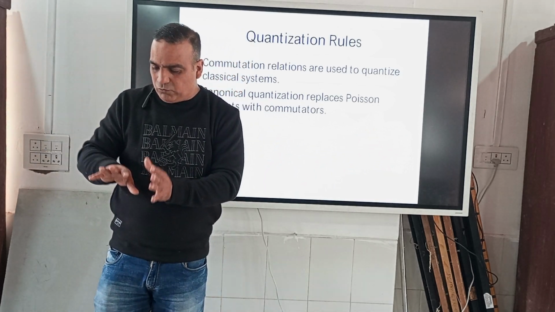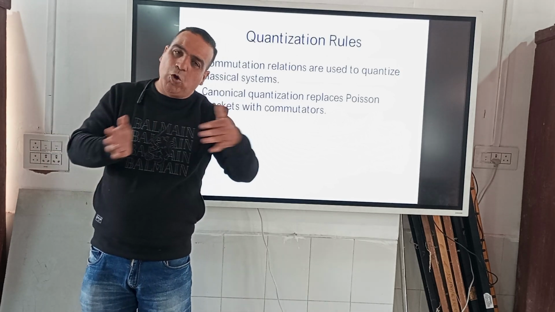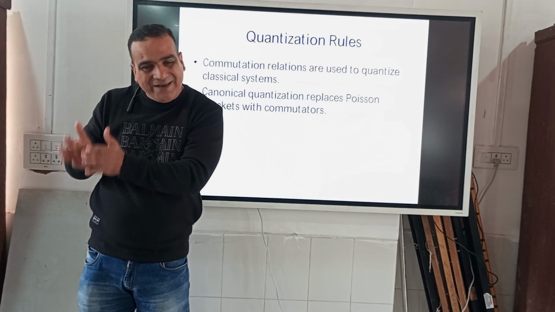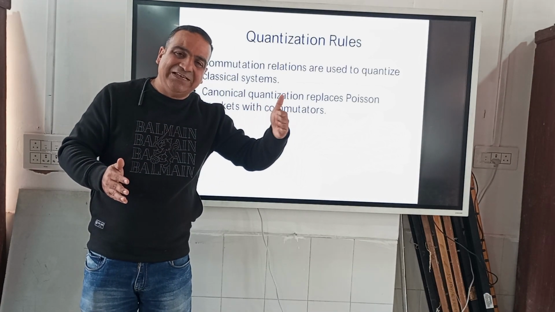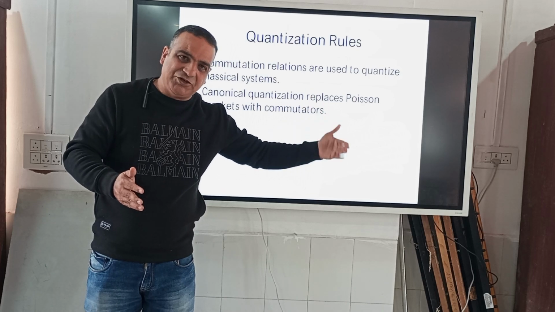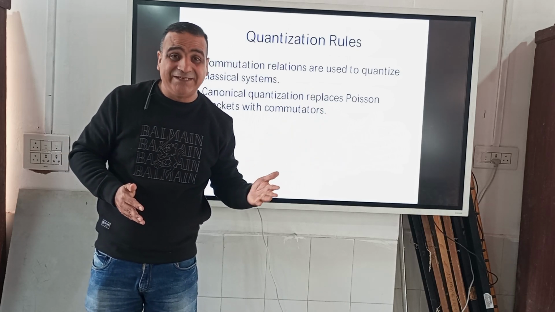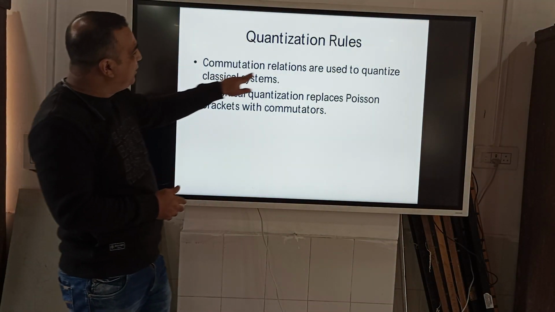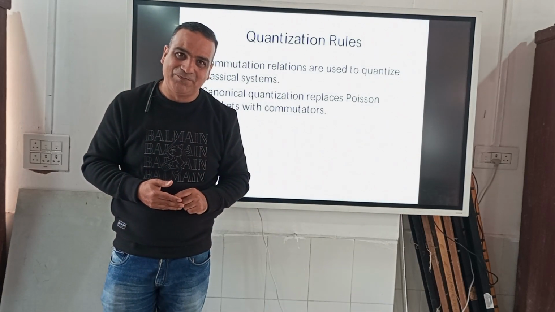So making a replica of the Poisson bracket in quantum mechanics, the Poisson brackets lead to commutators. It leads to these commutation relations, where our framework is based on the quantization rules. So commutation relations are used to quantize the classical systems.